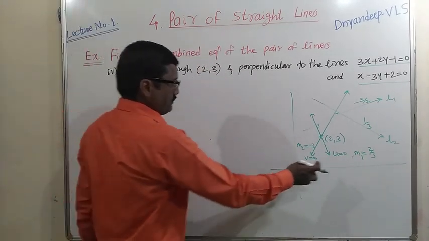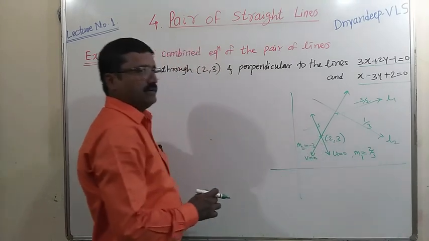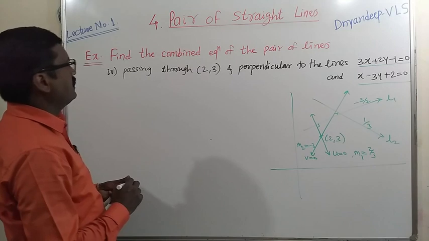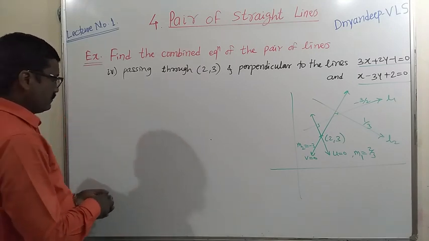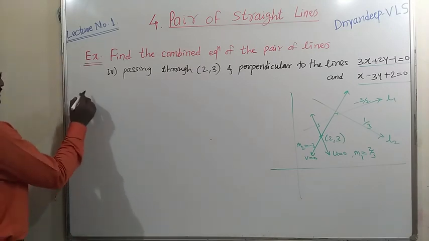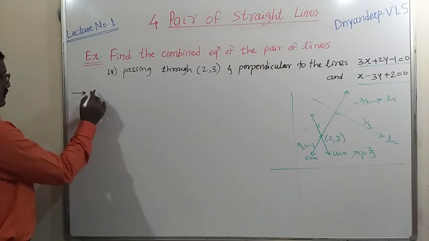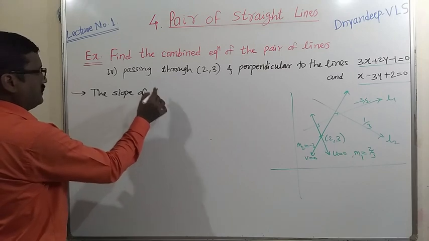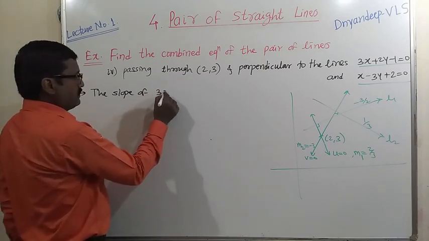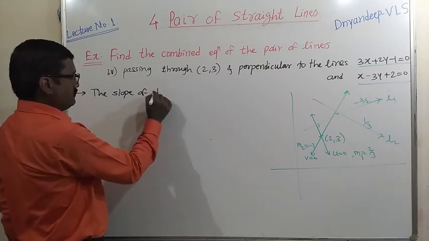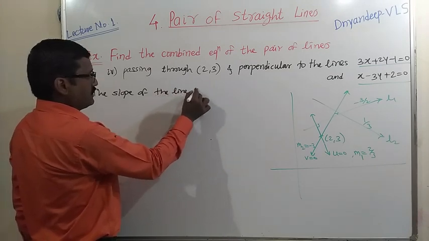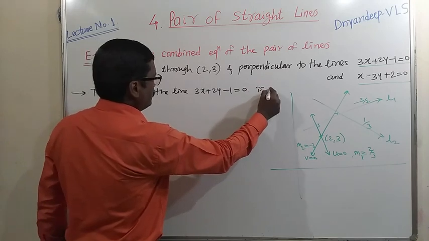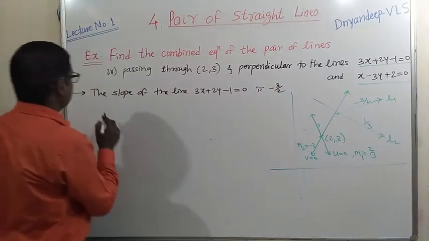So knowing the slopes and the point, using slope point form, we can write the equations of those two lines and then find their combined equation. Okay, let us start to write the solution. The slope of the given first line, 3x plus 2y minus 1 equal to 0, is minus 3 by 2.